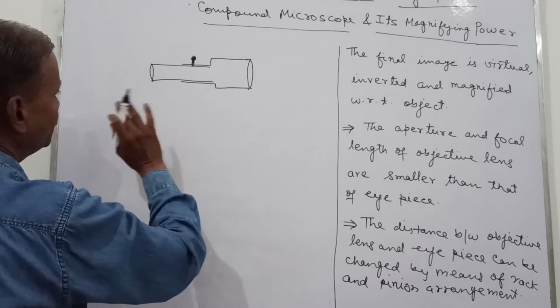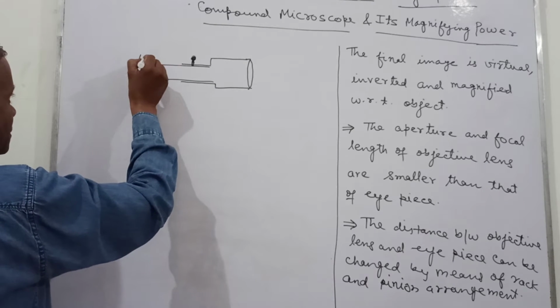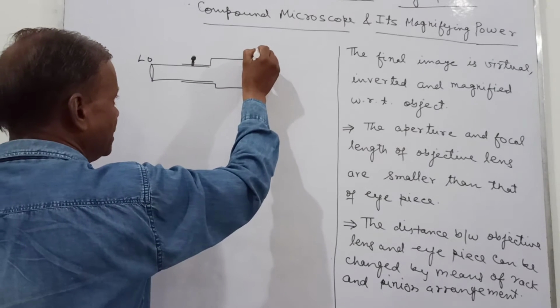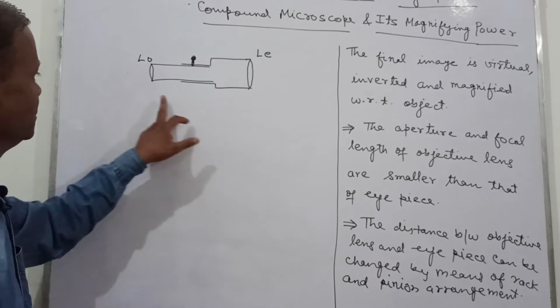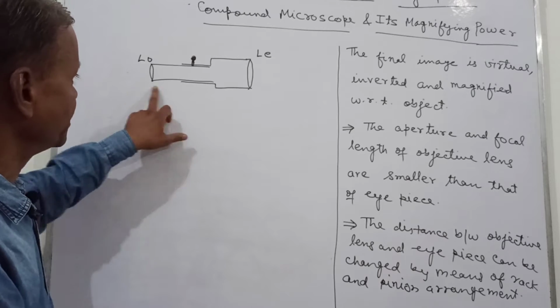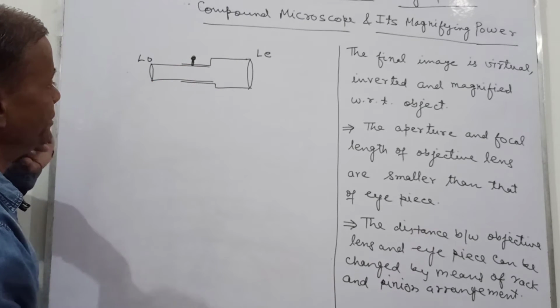So they can be moved. This is the objective lens L naught. This is the eye lens LE. This is bigger in comparison to this. So this is the objective, this is the eyepiece. This is the rack and pinion arrangement.